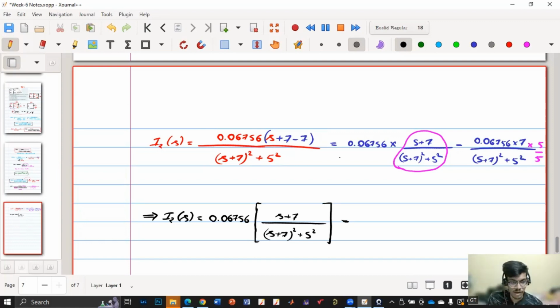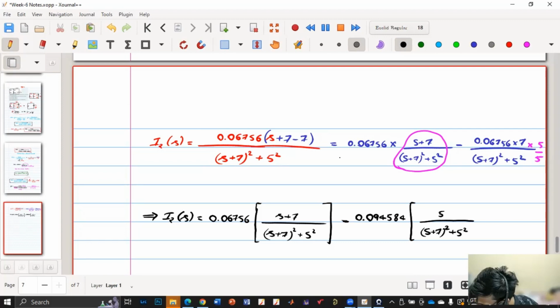0.06756 into 7 by 5 will be the constant. And if you calculate it, it will be 0.094584 into 5 by S plus 7 whole square plus 5 square.